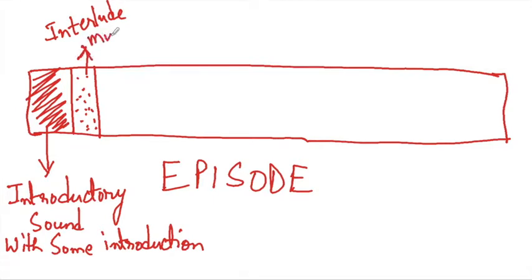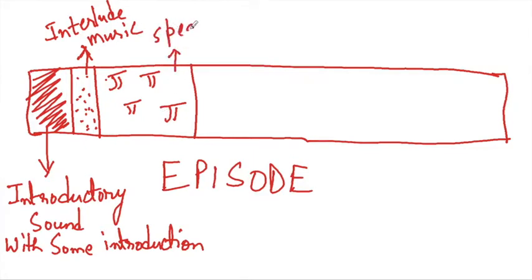So interlude music can be added, and then after that you can create a speaker segment. So here you will speak. This is the speaker segment, where the speaker will introduce himself or herself to the audience.